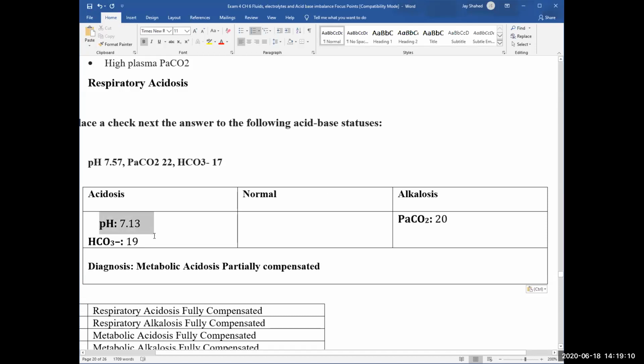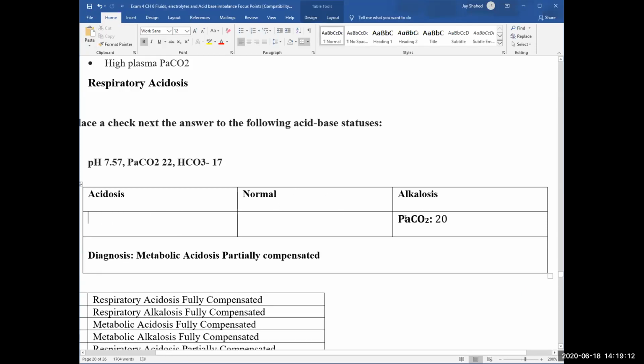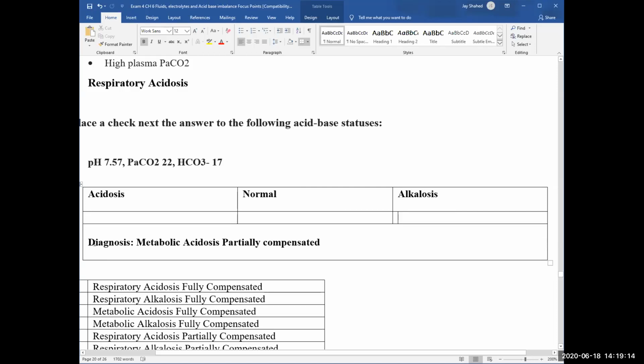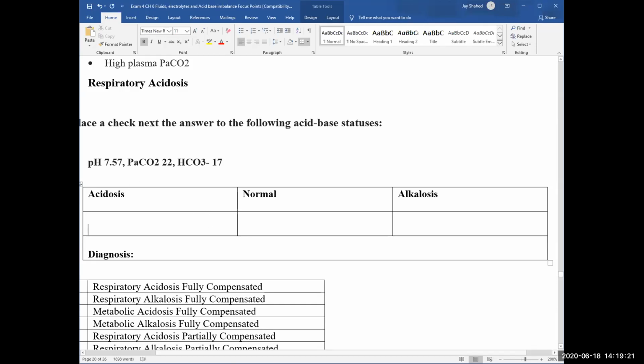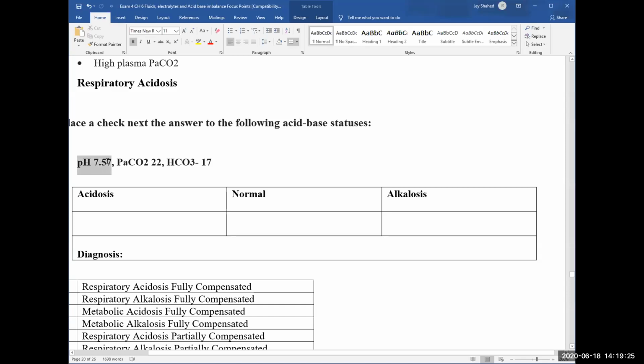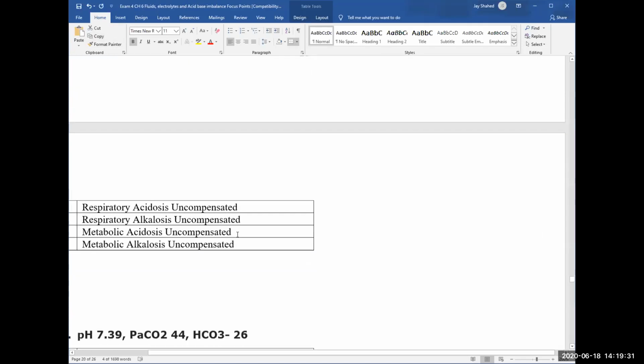All right, this is straightforward. What do we have? The pH is what? Basic. Let me make copies of this for the next ones.